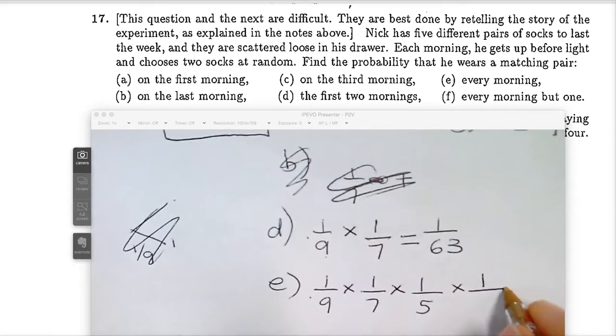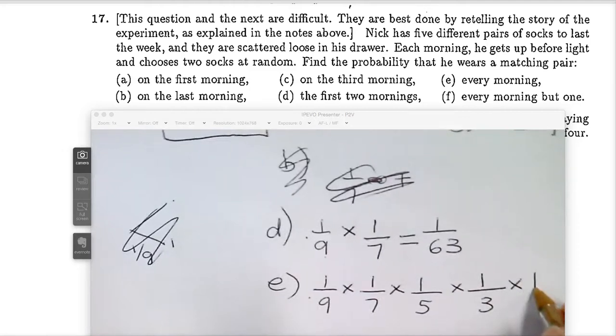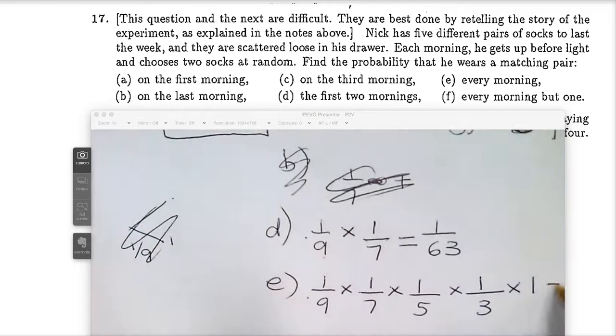There's 4 socks left. He picks one. He's got a 1 in 3 chance. And it's certain that he'll now pick a matching pair, 1 out of 1. So this one, every morning, we've got 15 times 63, which is 945.